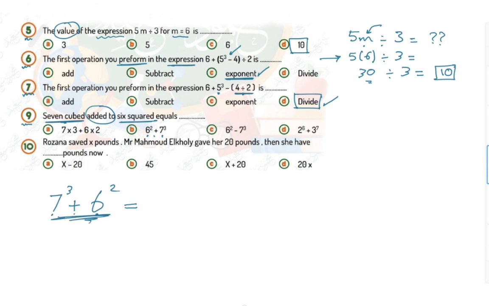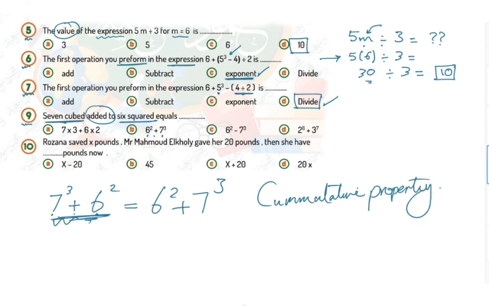This expression equals this expression. Why? Because of the commutative property. I know that addition has a property called commutative. I can replace each one with the other one.